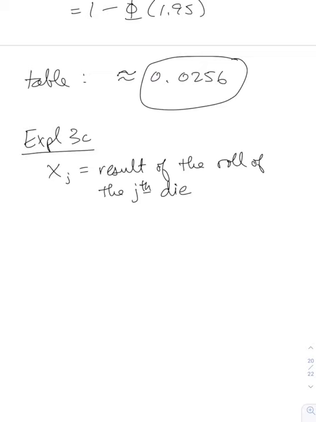Now, find the approximate probability that the sum obtained, so my sum, I'll let S, is the sum of all 10 rolls, is between 30 and 40 inclusive, so we want non-strict inequalities.